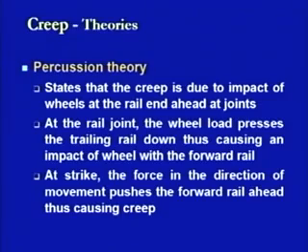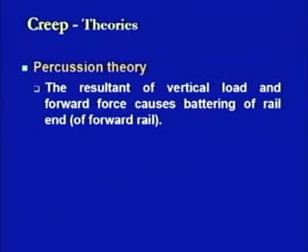And this is what we have seen in the previous lecture, where we talked about the hogged rails. Further, in the percussion theory, the resultant of the vertical load and the forward force causes battering of the rail end of the forward rail, and that is what hogging of the rail is.